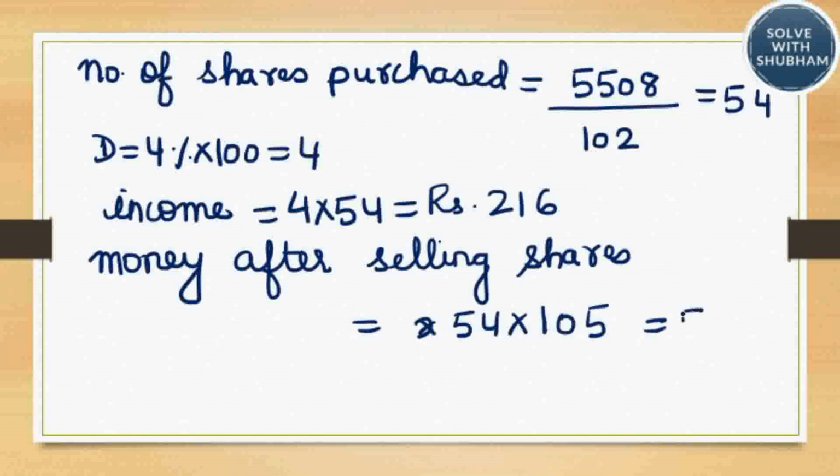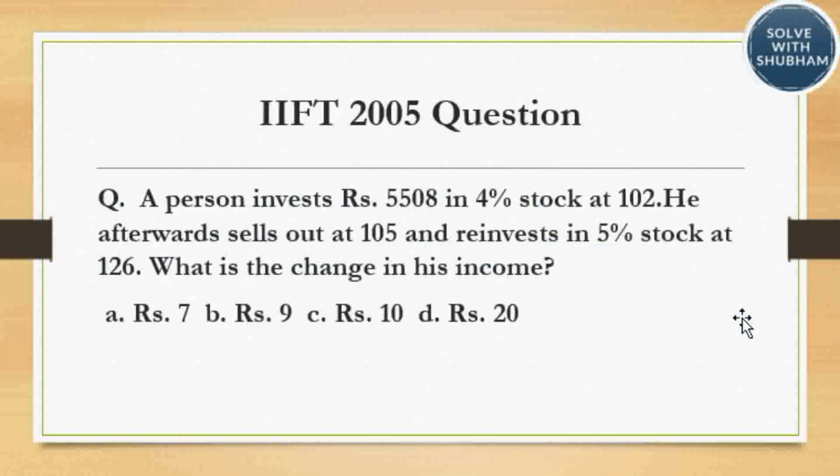So right now in his hands he is having 5670 rupees. Now go back to the question. It says he has invested this 5670 in 5% stock at 126. So we will have to find out number of new shares purchased.